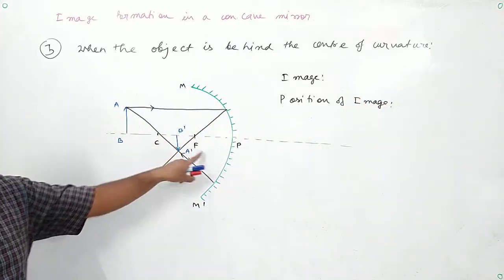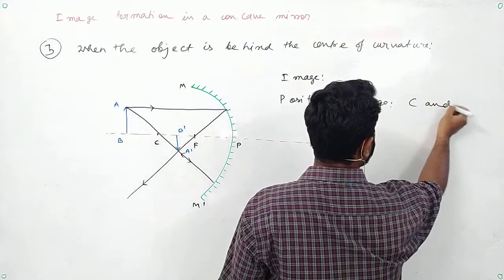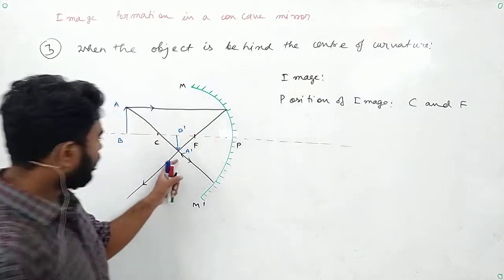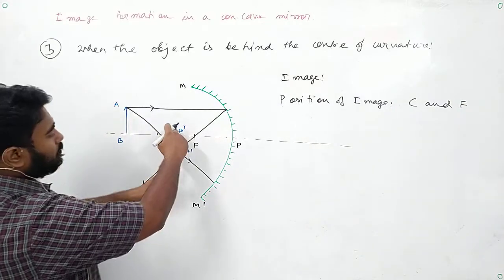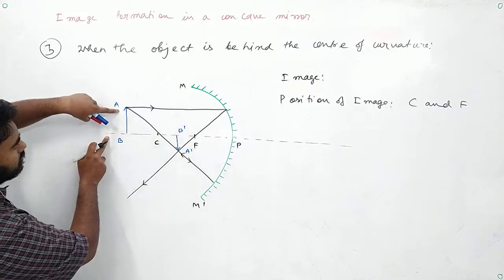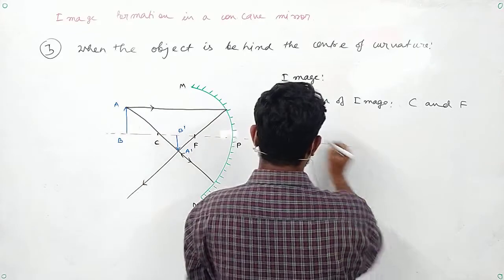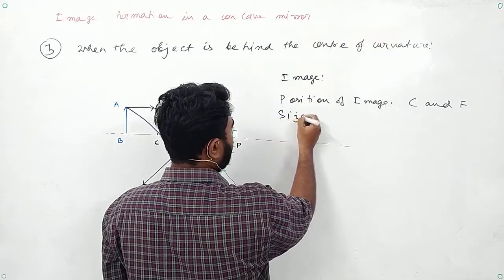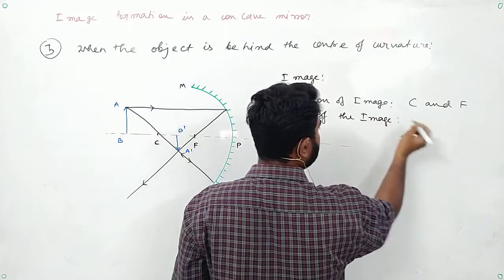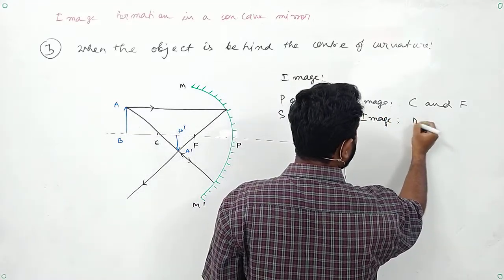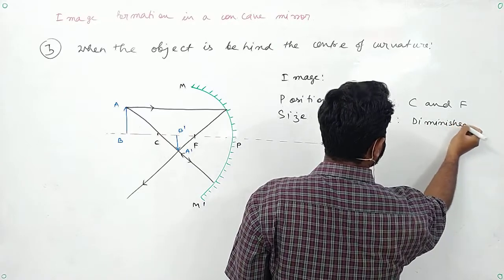The image is between C and F. Now what is the size of the image? The object size is more than the size of the image. So the size of the image will be diminished.